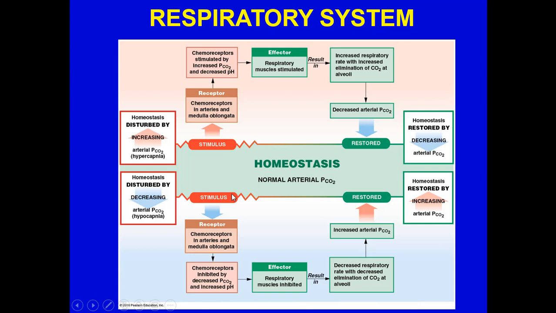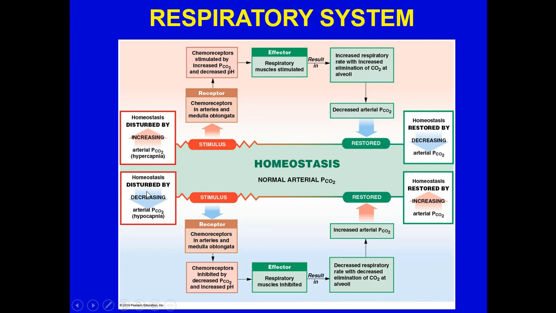In looking at homeostasis, if we were going to talk about normal arterial PCO2, if we have hypercapnia, the increasing amount, we would go through the receptors, the effectors, which would be the respiratory muscles, to increase the respiratory rate to cause a decrease in the arterial PCO2.